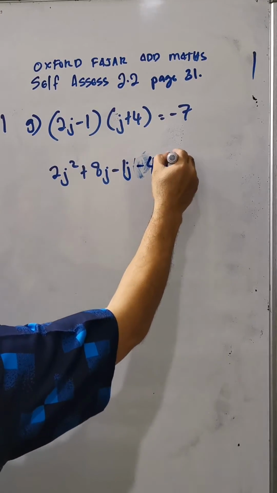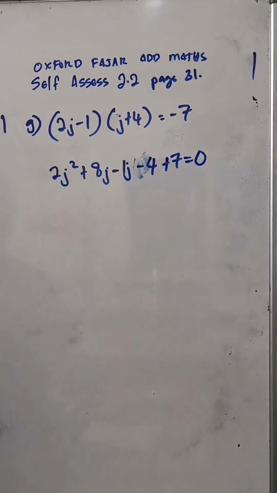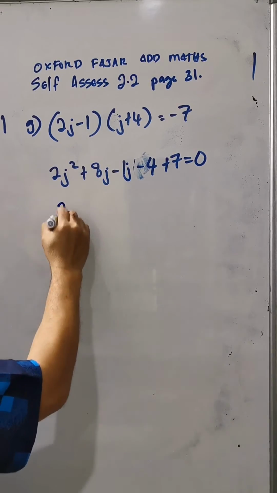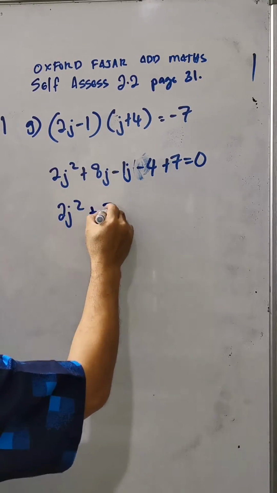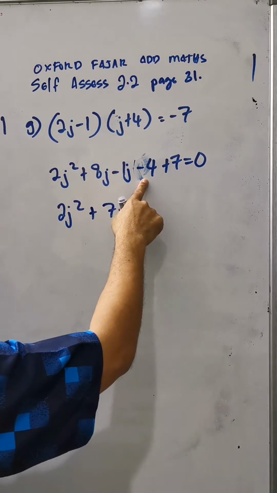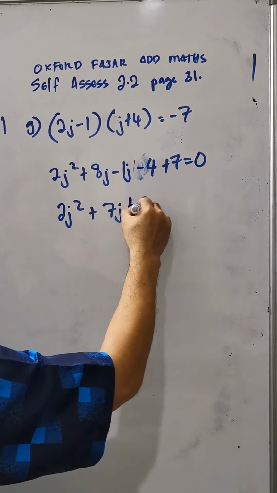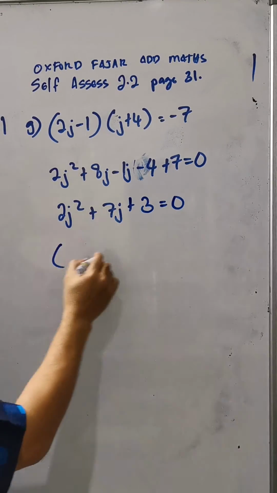Then plus 7 equal to 0. Then simplify: 2J squared, 8 minus 1 will be positive 7J, negative 4 plus 7 will be positive 3, equal to 0.